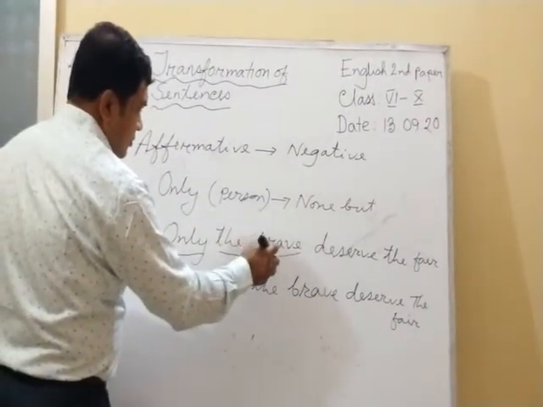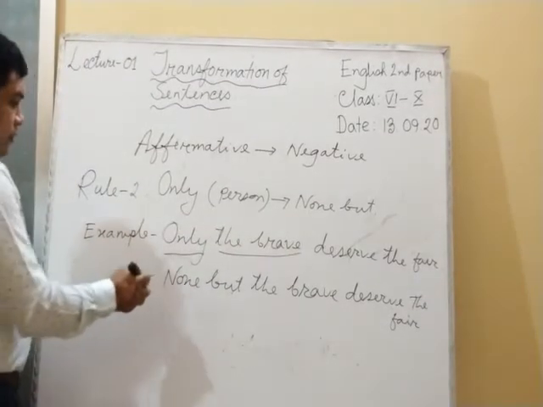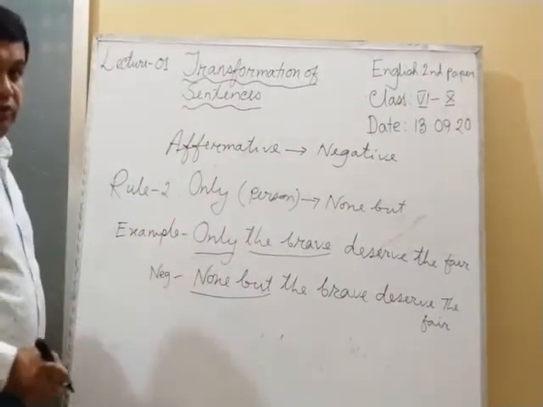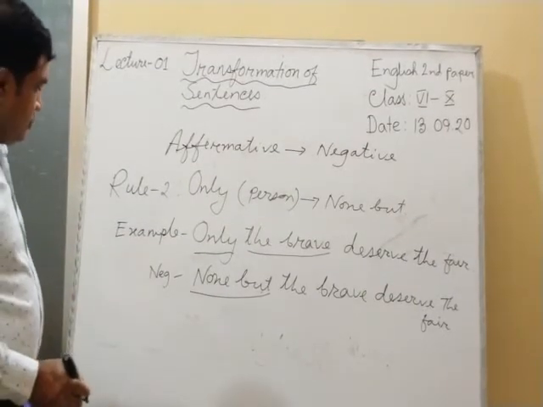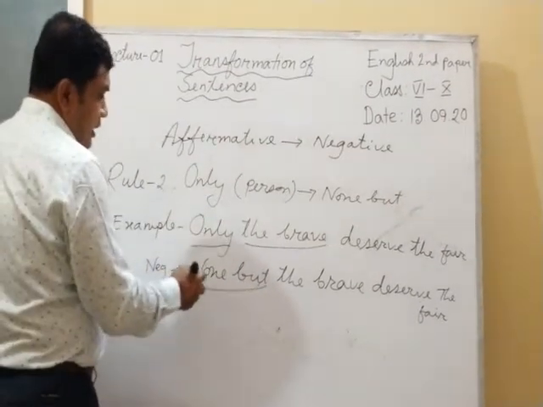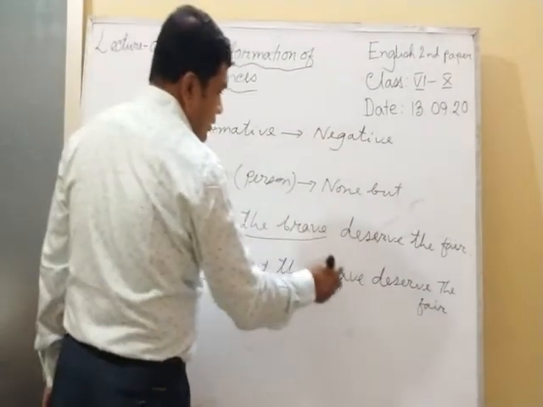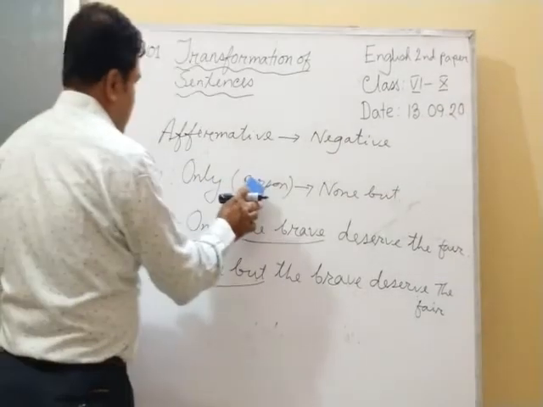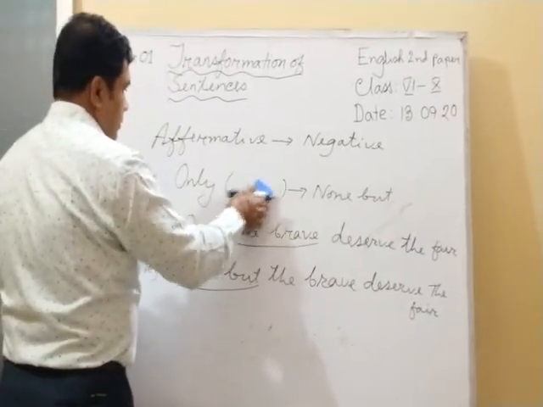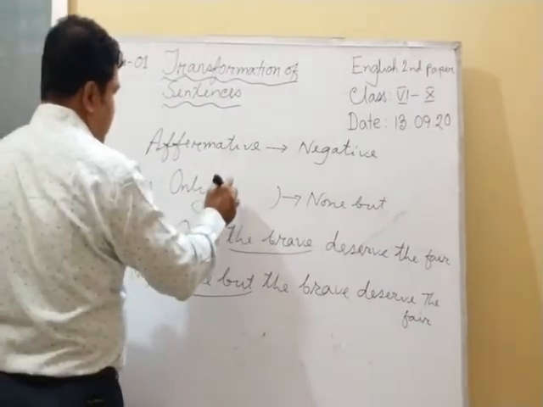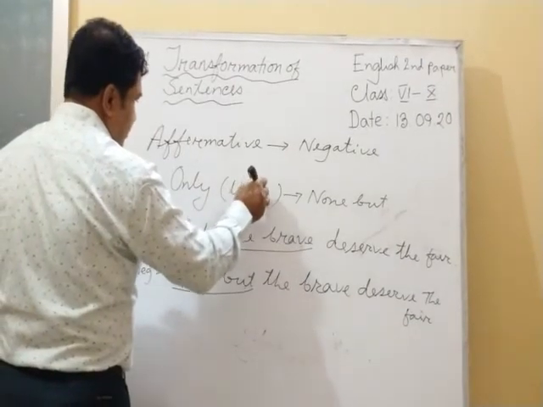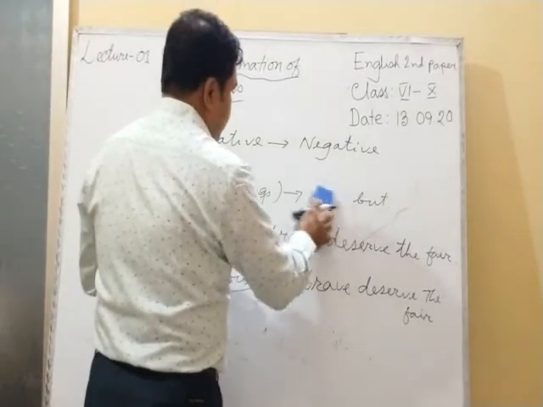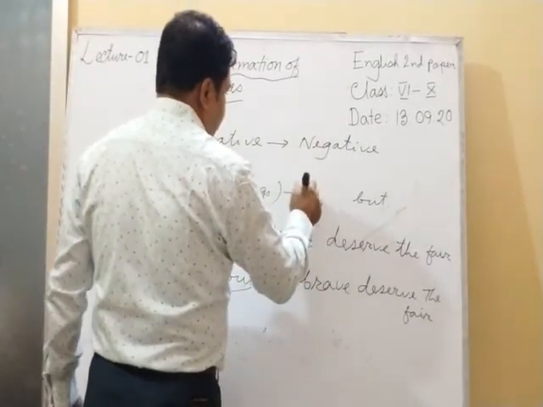That means person. So we use none but in place of only. Understand? So the negative is: none but the brave deserve the fair. If only means things, then we will use nothing but.